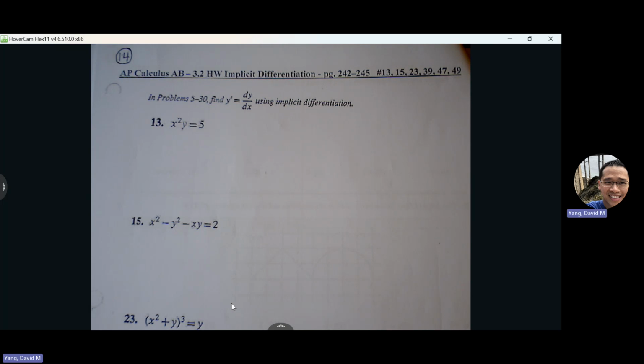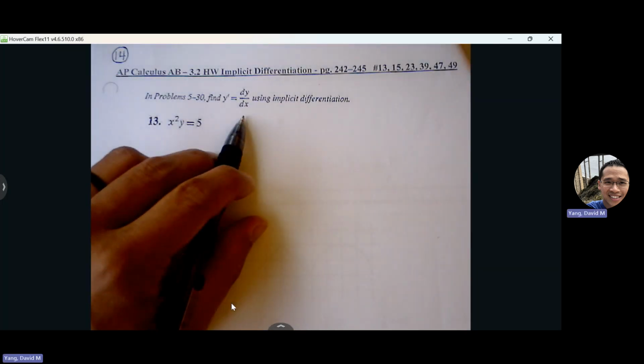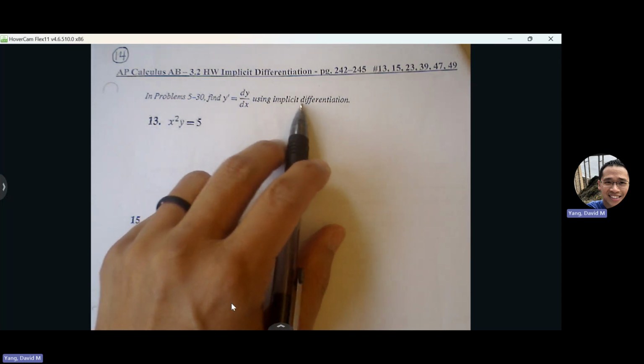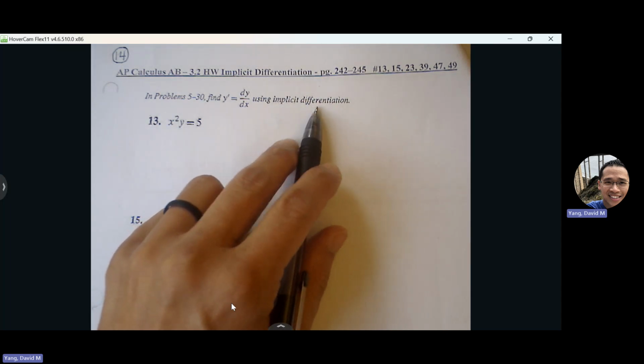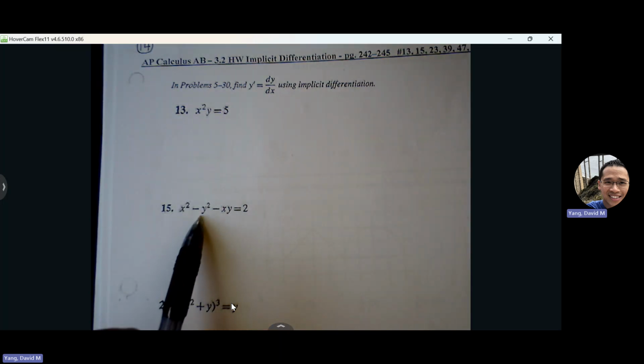No questions here. Everybody good? So 15, it says find dy dx, find the derivative. And even if the instruction doesn't indicate that this is implicit differentiation, we should be able to tell that these are all implicit because either the y is out of place or the y is mixed in with the function, or there's multiple y's or y raised to a different power other than one.